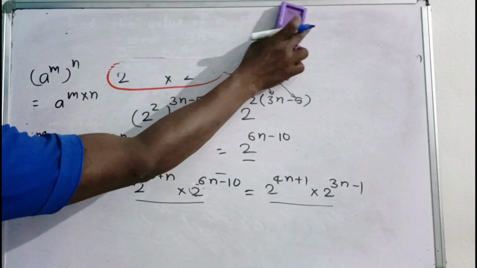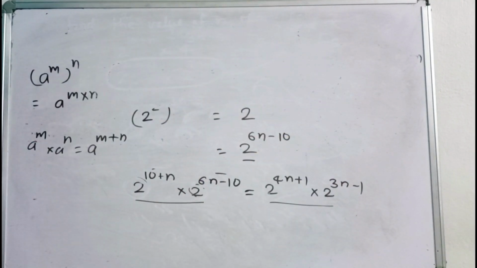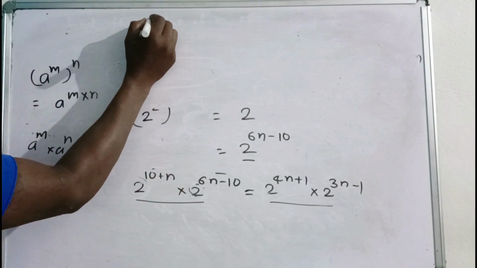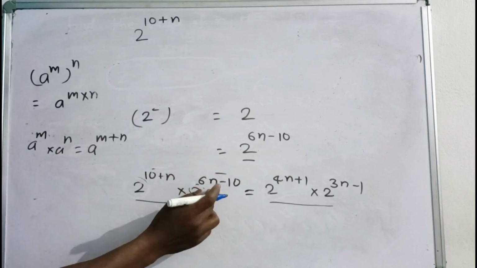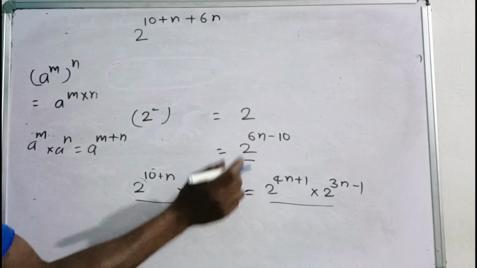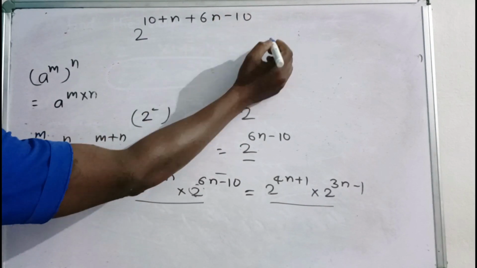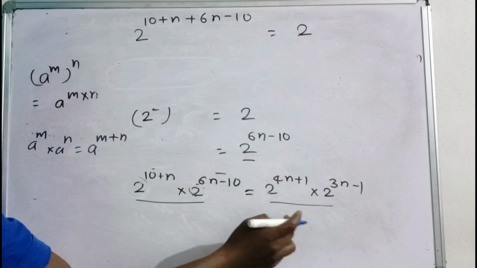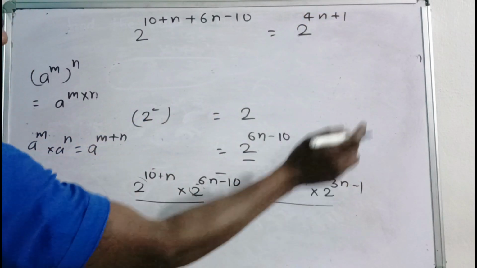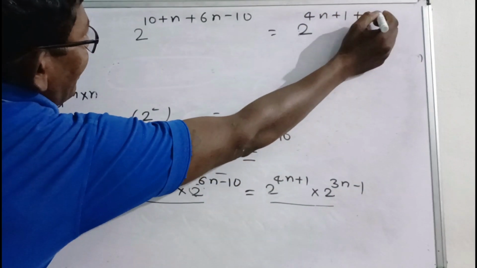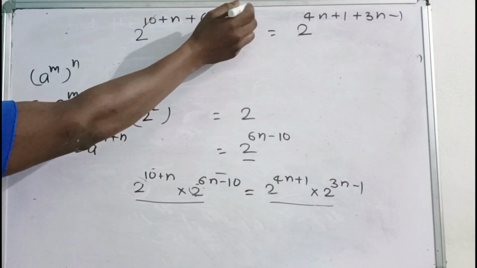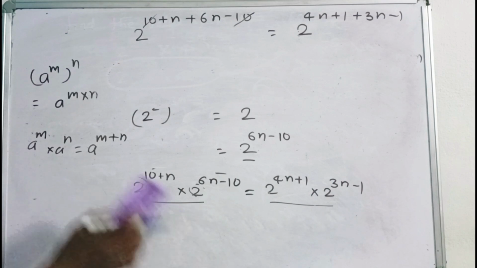Now you can use the property here. 2 raised to the power 10 plus n plus 6n minus 10 is equal to 2 raised to the power 4n plus 1 plus 3n minus 1. This 10 plus 10 minus 10 get cancelled here.